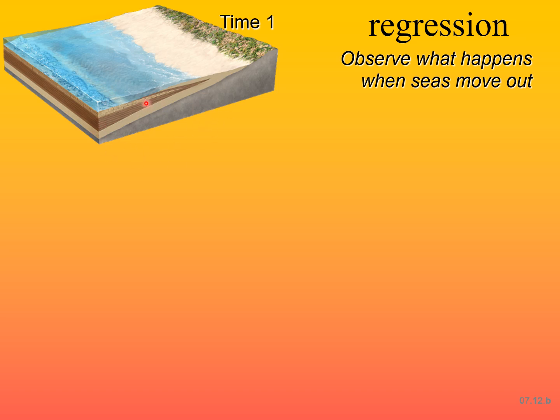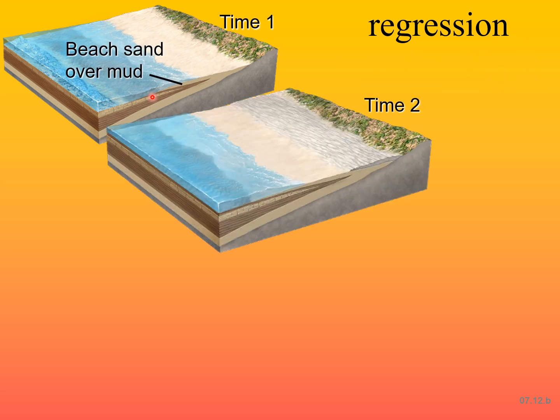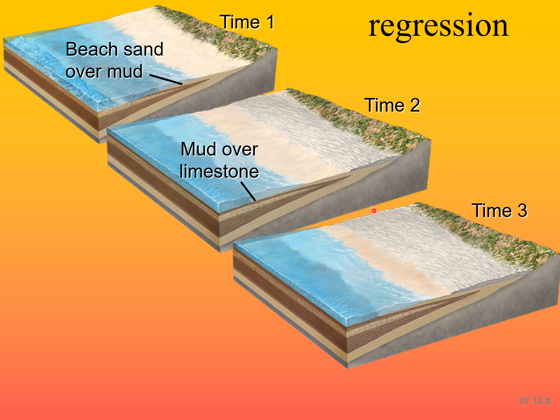But now as we regress, we've got limestone being deposited still here at time 1 because it's deep. And we start to see, as sea level falls, mud being deposited over that limestone. And then we start to see sand being deposited over that mudstone.